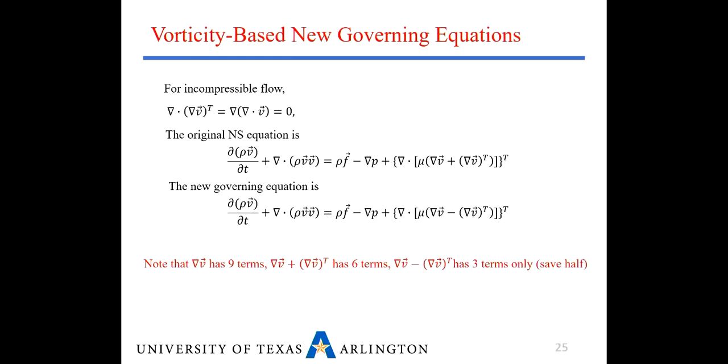It is 3 unknowns instead of 6 unknowns. Yes? The nonlinear term, you can write it in terms of vorticity, right? No, we still use V. We didn't use vorticity. Well, you can, but it's more complicated, vorticity cross velocity, using a cross product. Then you change the right-hand side as well.